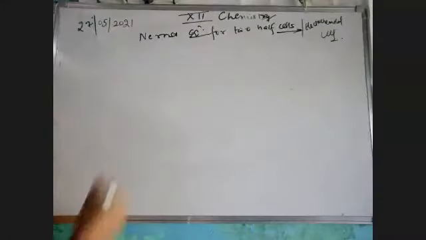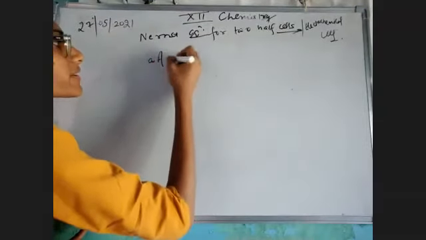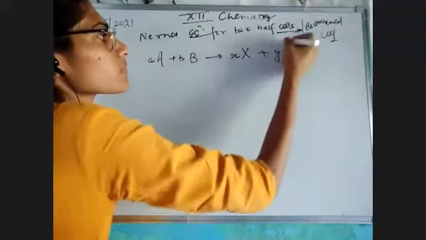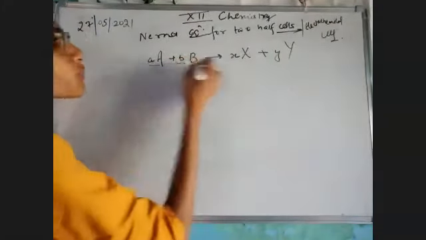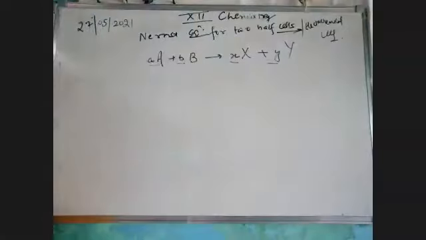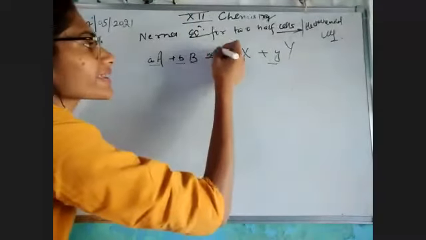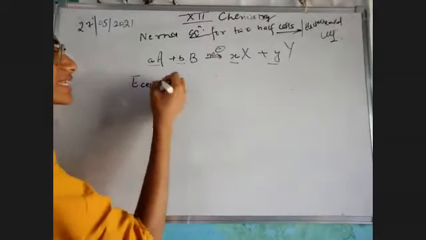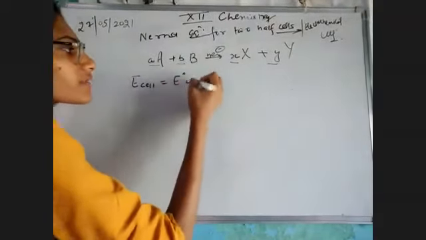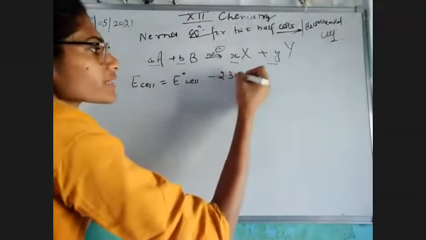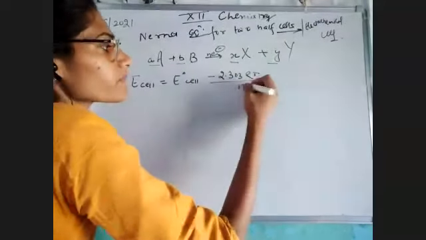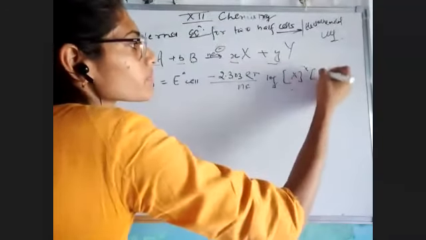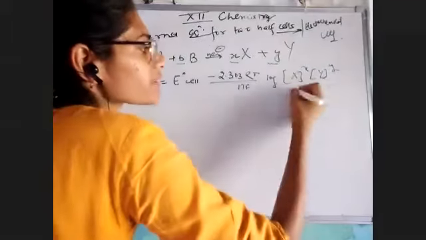Suppose we have a reaction converting to products, where small a, small b, small x, and small y are my coefficients, and we are taking n electrons over here. Okay, so we can write our equation as E cell equals E naught cell minus 2.303 RT divided by nF log the product divided by the reactant.